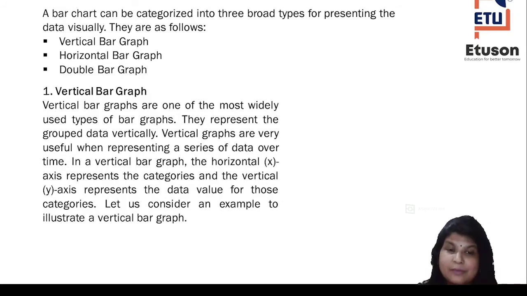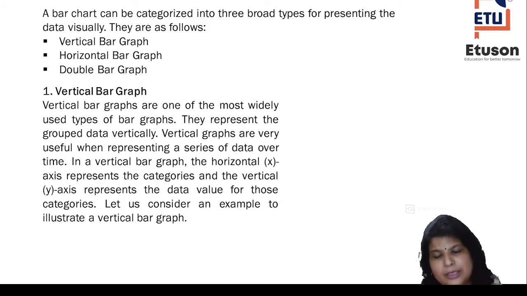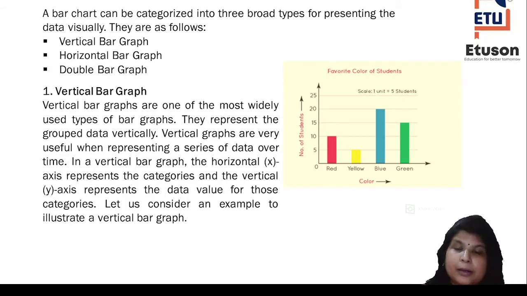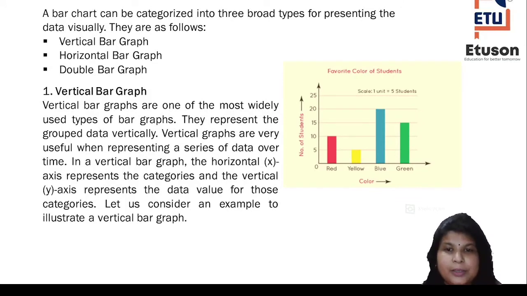What were the data values? That is 3000, 4000, 1750, 4000. Remember? Okay, so those were represented on the y-axis. Let us consider an example to illustrate a vertical bar graph. Here we have taken an observation where we are asking the students of a class about their favorite color.